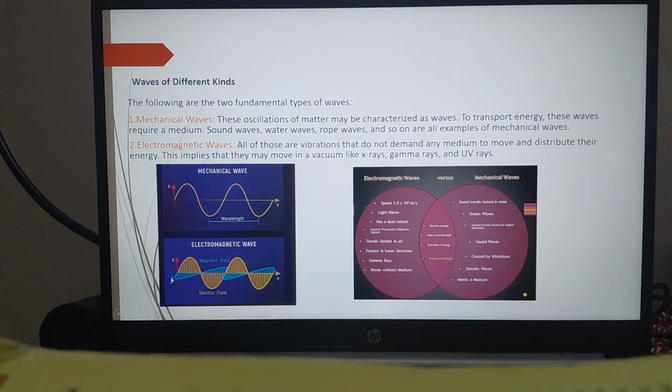What are the directions here? X, Y, Z directions are there. Here the blue one is one wave, and the energy is distributed to another field, that is the electric field. So this is the main difference between mechanical wave and electromagnetic wave.